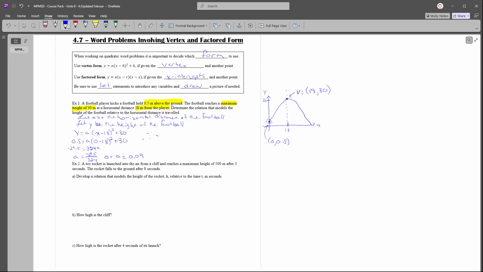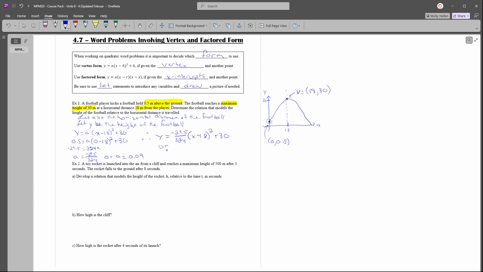So therefore, y is equal to our a term, which is negative 29.5 over 324 multiplied by x minus 18 squared plus 30.